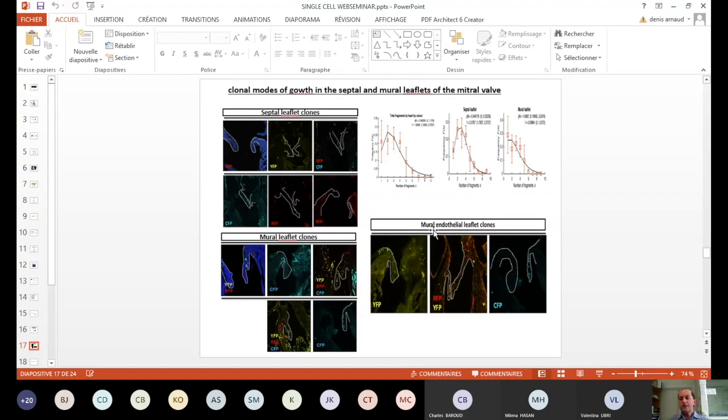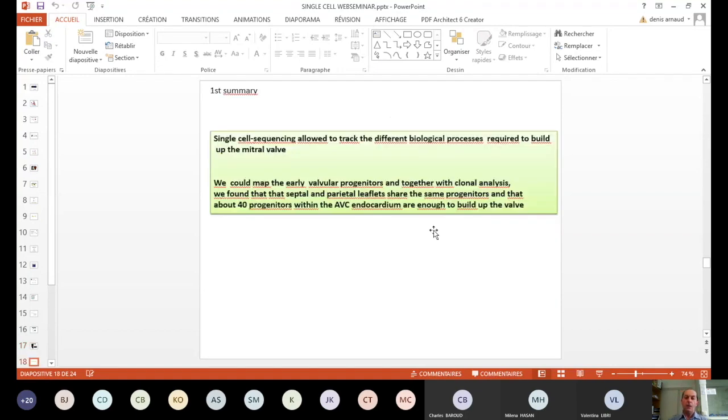So, combined with single cell sequencing, and to sum up this first part, we can say that single cell sequencing allows us to track different biological processes, specifically EMT, but more than EMT, which is very important to form the valve later on.